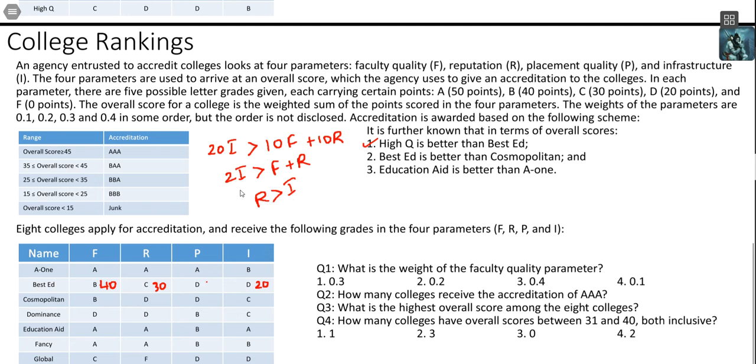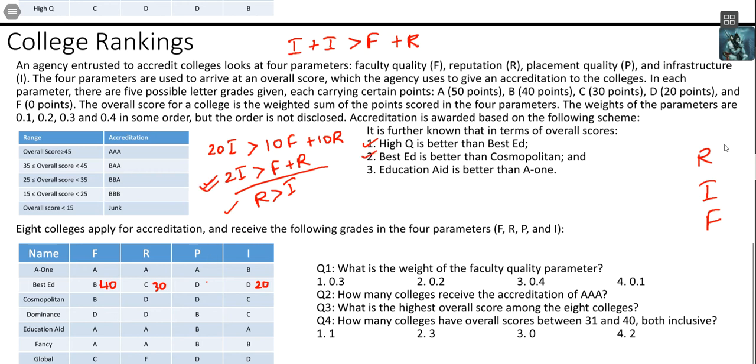If R is greater than I, look at the first two things that we have used: 2I is greater than F plus R, and R is greater than I. So if R is greater than I, F has to be less than I for 2I to be greater than F plus R. So R has to be at the top, then I somewhere in between, and then F. I plus I is greater than F plus R. I know I is less than R, so this I has to be greater than this F for this expression to hold true.